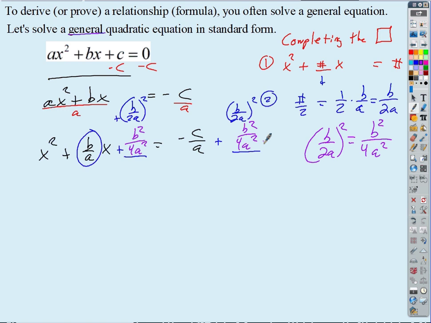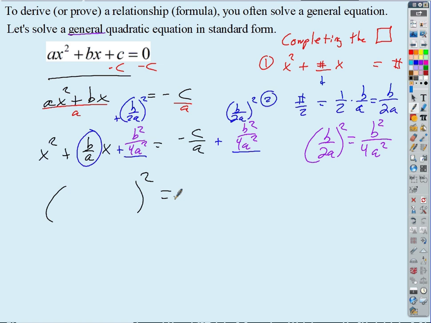Next step was always to factor the left side, right? Because we built a perfect square trinomial here, didn't we? Now, we've done lots of examples of this, but what did we always end up getting when I factored this? What was the magic number every time?